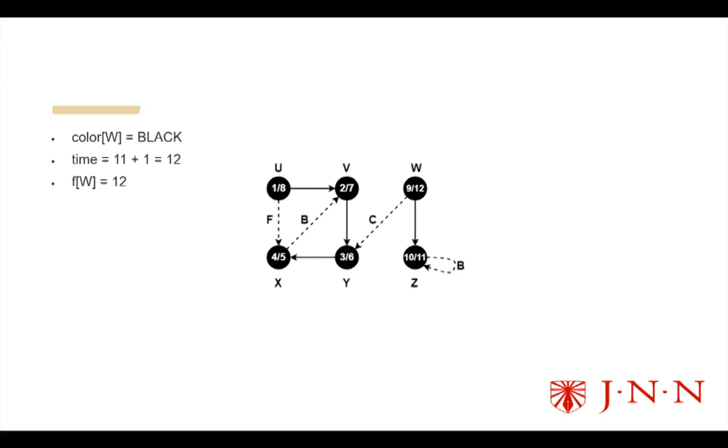Now all the nodes from the source node u to the destination node z are completely processed, and all the different edges have been introduced in the graph: forward edge, backward edge, cross edge, and self edge. A self edge is also called a backward edge. So this is the way we are processing the problem.